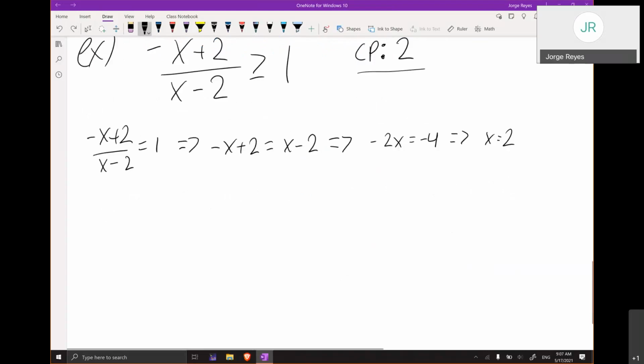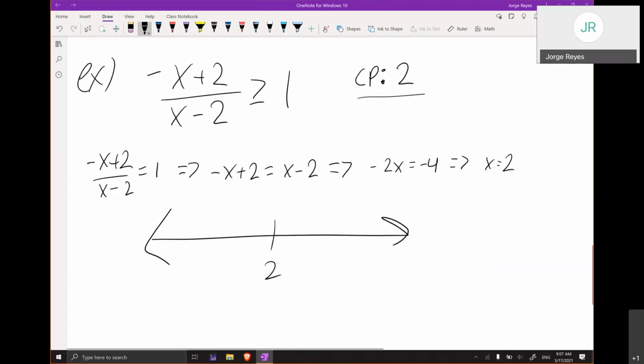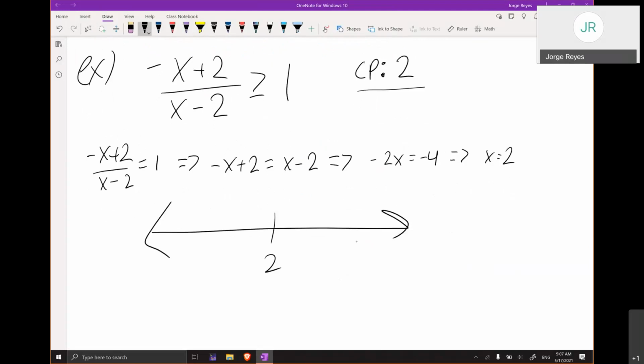All right, so now that we know our critical points, all of them, it's 2. We're gonna make our sign chart. Only 2, and I have to check. So I'm gonna plug in 0. I need to plug 0 into this original inequality and see if it's true.